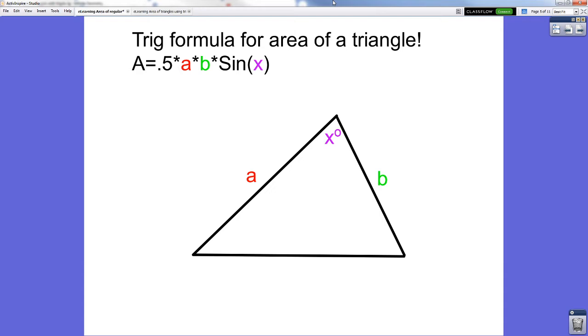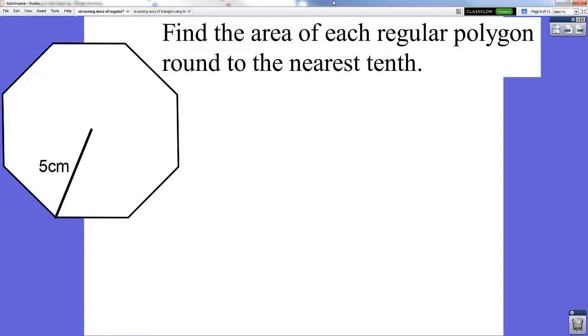Alright, so what I want to be able to do is use this formula. Let's talk about how. This is going to be the easiest version of doing these problems because pretty much everything has been done for you.